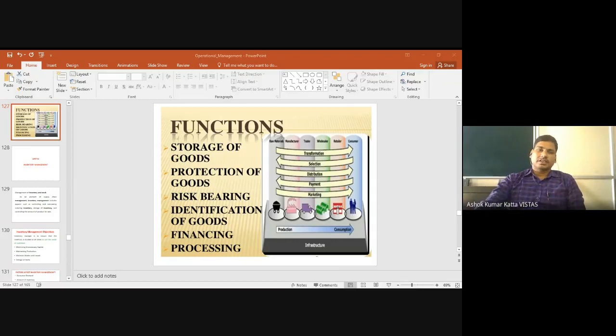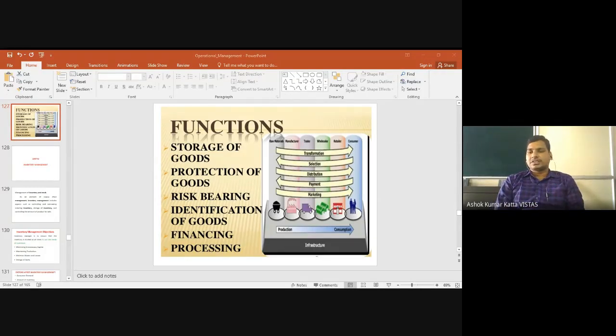As we discussed earlier, the warehouse was established to receive and store raw material, and work-in-progress material can also be stored at the warehouses.